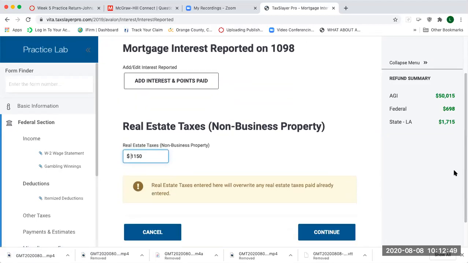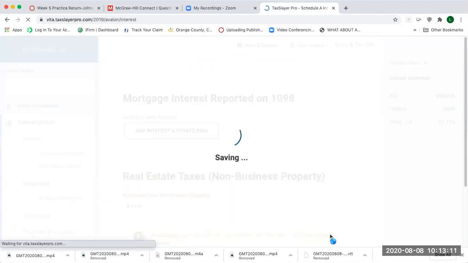So you see right here, this is also where you may input the real estate taxes. Generally, if someone has mortgage interest, a 1098, and didn't provide you with the information that they pay real estate taxes, this is kind of like a reminder that, hey, someone owns a property, then there should also be a real estate taxes deduction input as well.